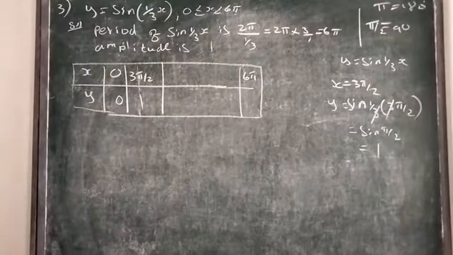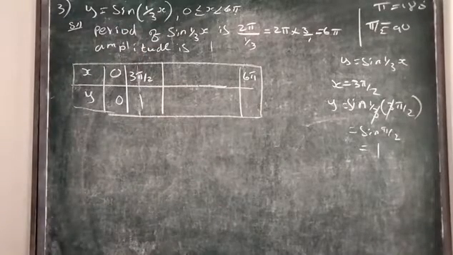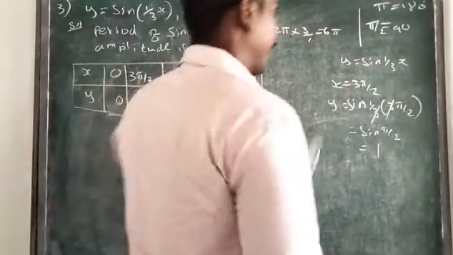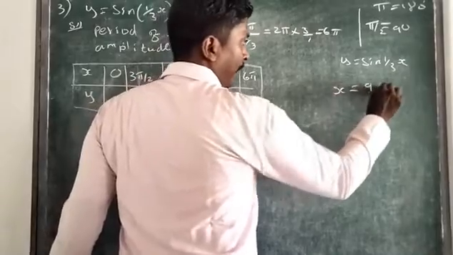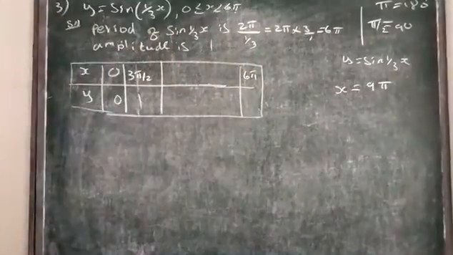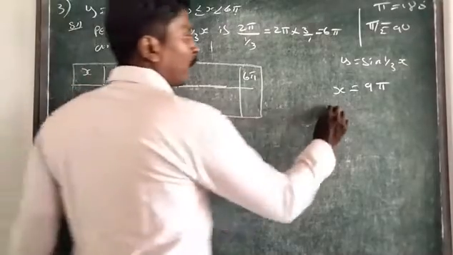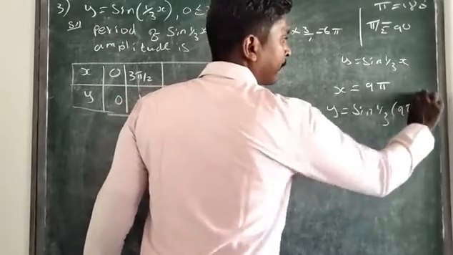Like that, next it goes up to 1 and then comes down to touch the x axis again. Where will it intersect the x axis? We select x equal to 9 pi. When x equal to 9 pi, then y equal to sin(1/3 into 9 pi).